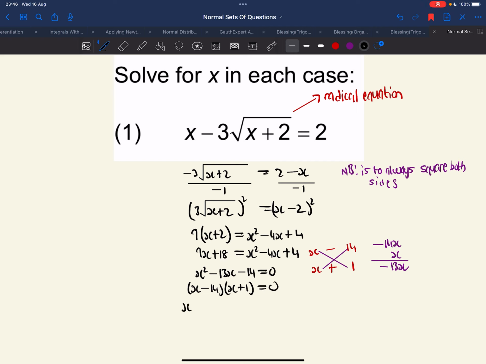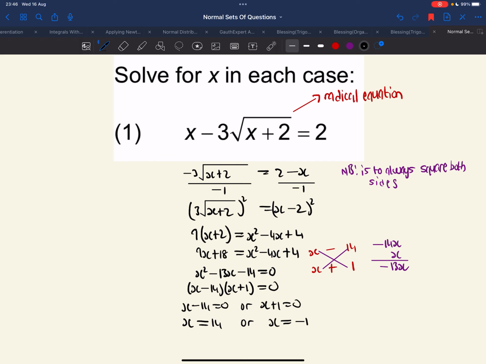Separate the brackets, equate them to 0: x minus 14 equals 0, or x plus 1 equals 0. Then you're going to say x equals 14, or x equals negative 1. All right.